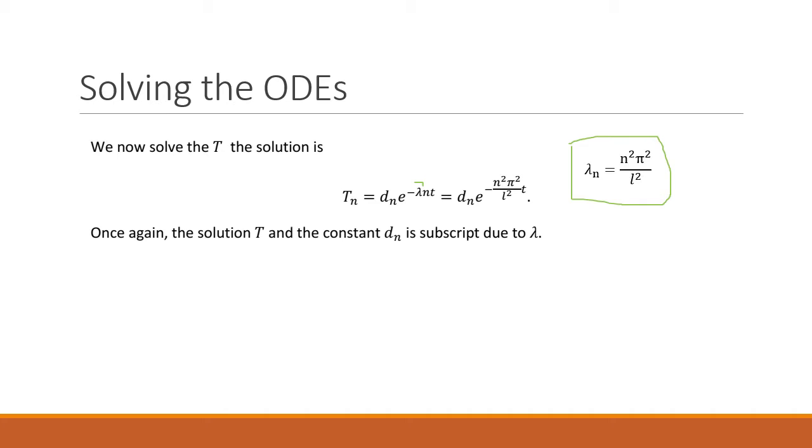So kita substitute lah lambda n kita tu dengan ini. So that's why kita dapat sebagai n square pi square over L square T.